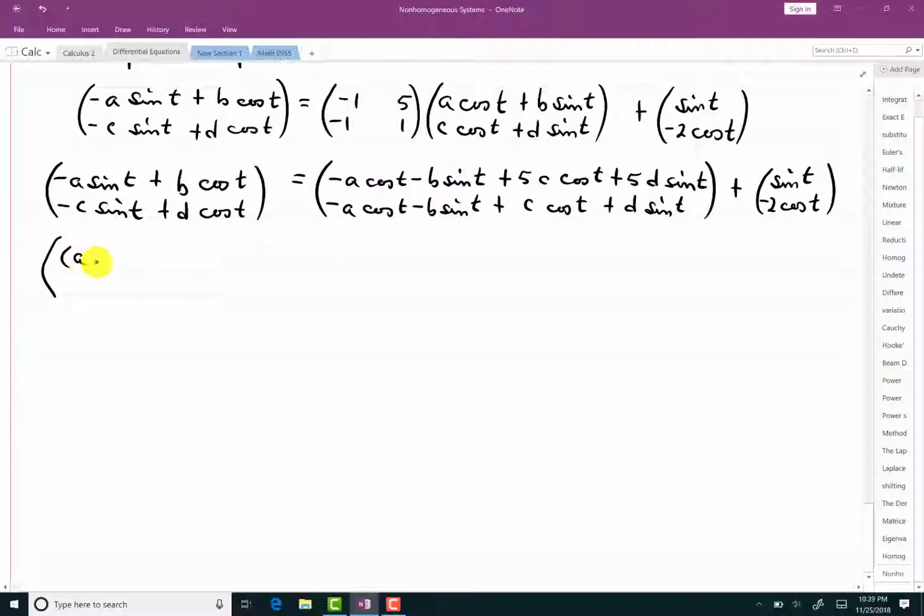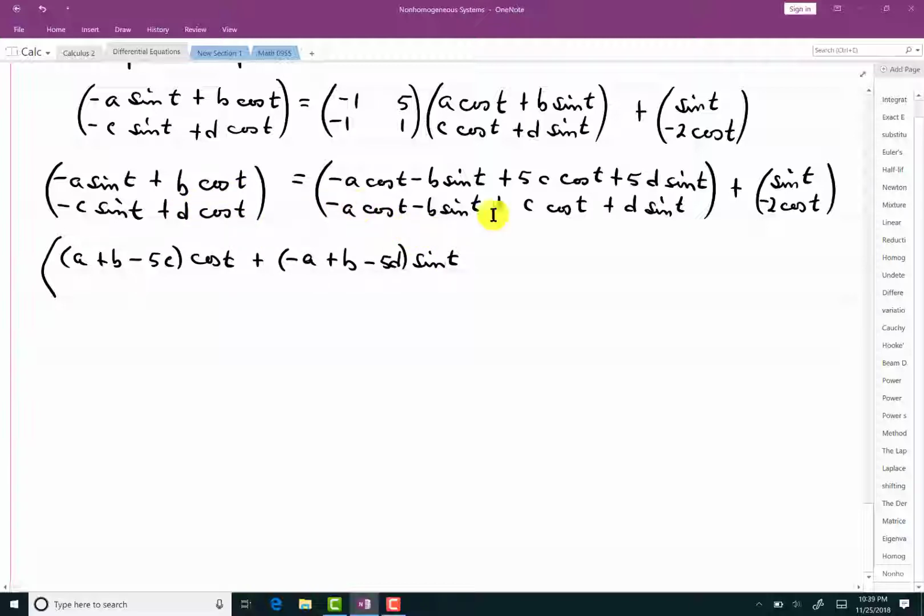So I'll have an a plus b, and then I'll have minus 5c cosine of t plus, now let's gather the sines up. I'll have a positive b minus 5d, negative a plus b minus 5d times sine of t.